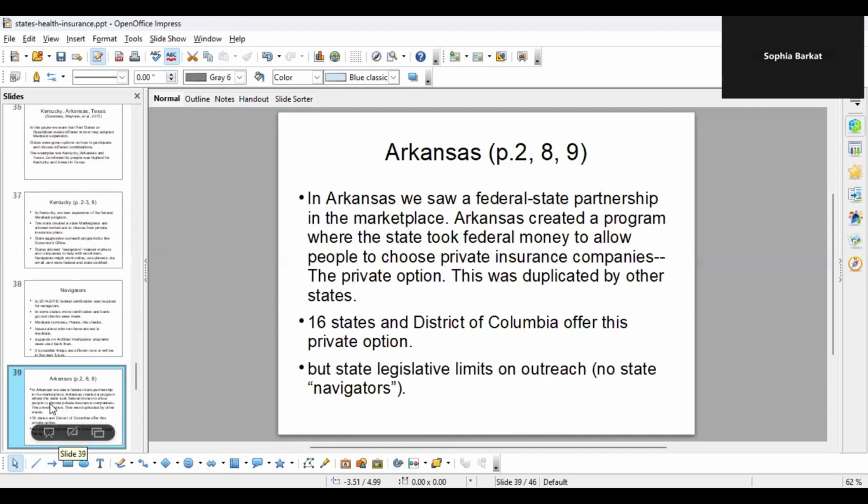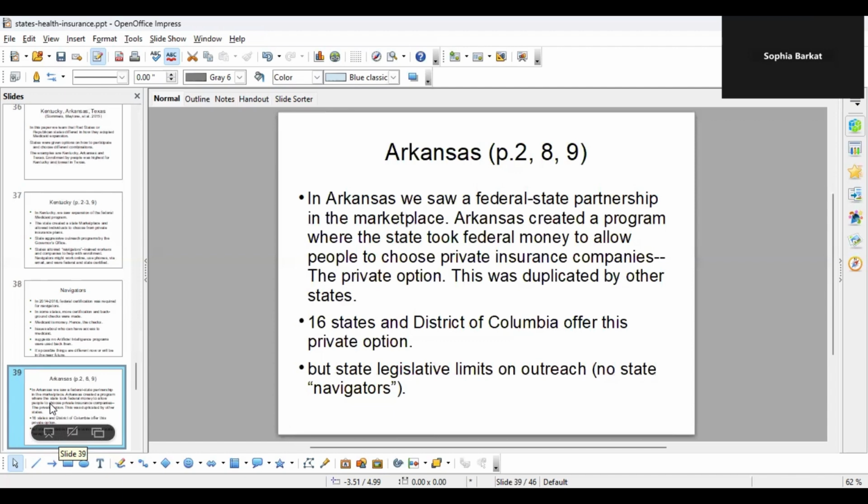Arkansas. In Arkansas, we saw a federal-state partnership in the marketplace. Arkansas created a program where the state took federal money to allow people to choose private insurance programs. The private option was created. So this was duplicated by other states, but Arkansas was the first state to do so.